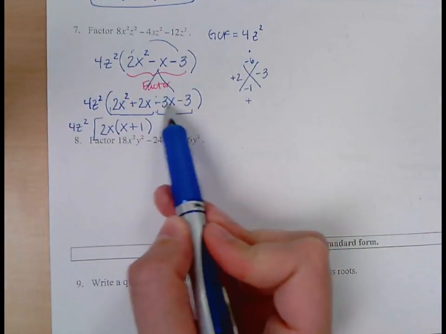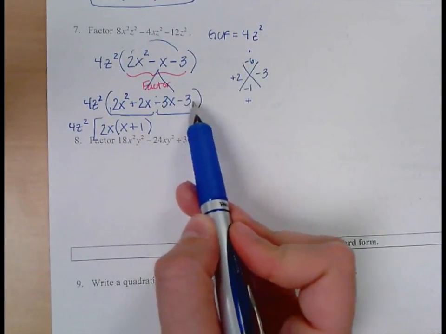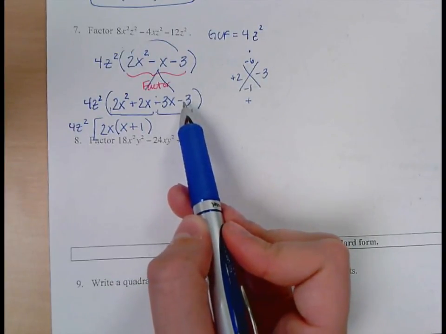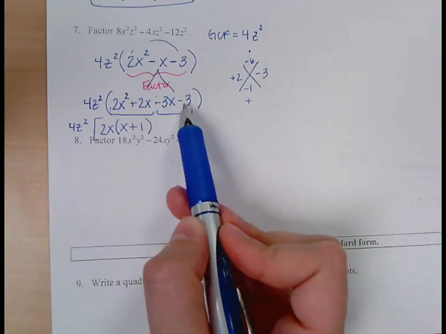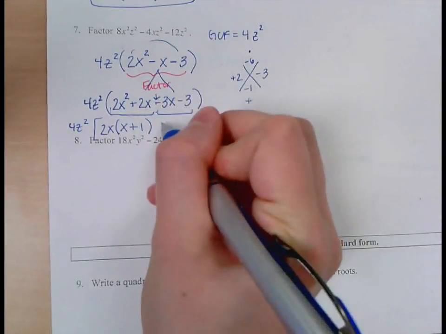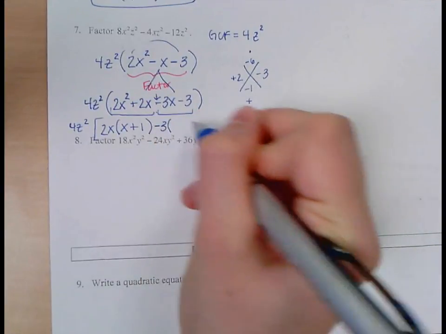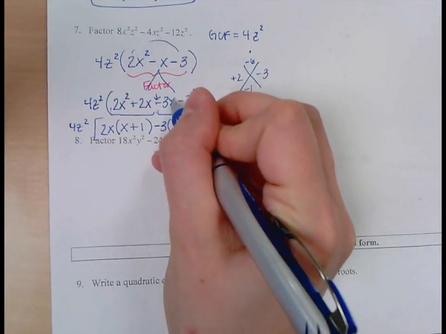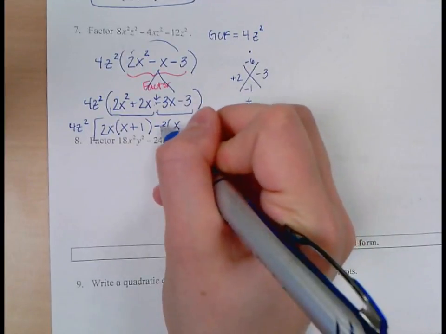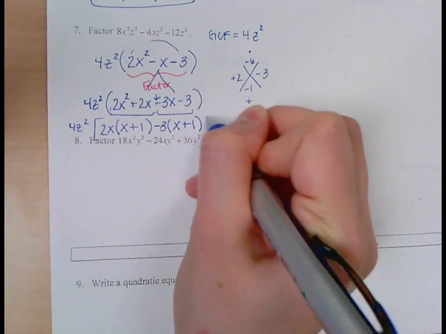What would this GCF be, or what would we take out? A 3, a +3, or a -3? Because this is negative, we want to take out a -3. And that way, now minus 3x divided by -3 is +x. Minus 3 divided by -3 is a +1.